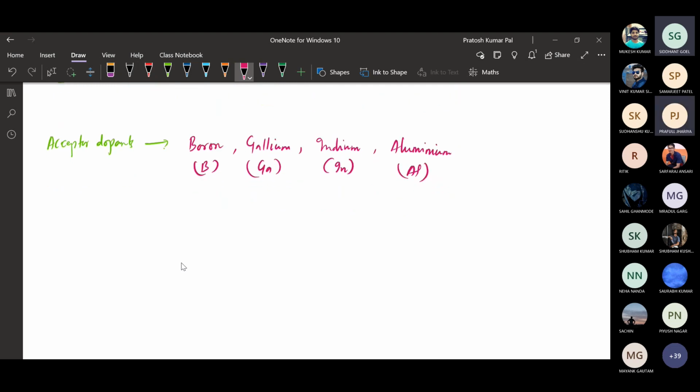In this type of impurities, p-type semiconductors, the hole concentration will increase and electron concentration will decrease. So the hole concentration will be higher. That's why they are called majority carriers, and the electrons will be called minority carriers.